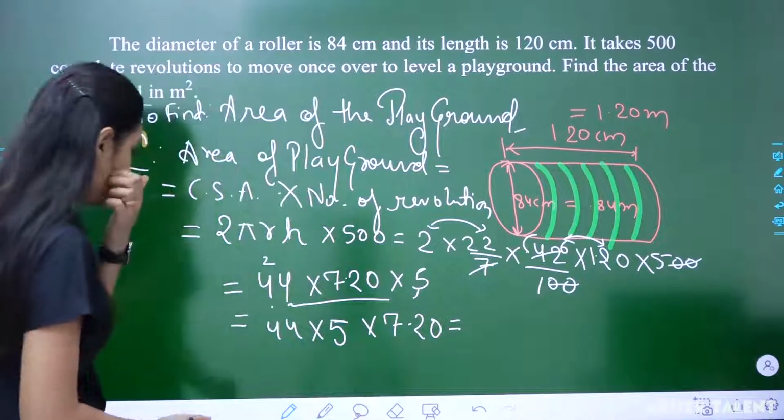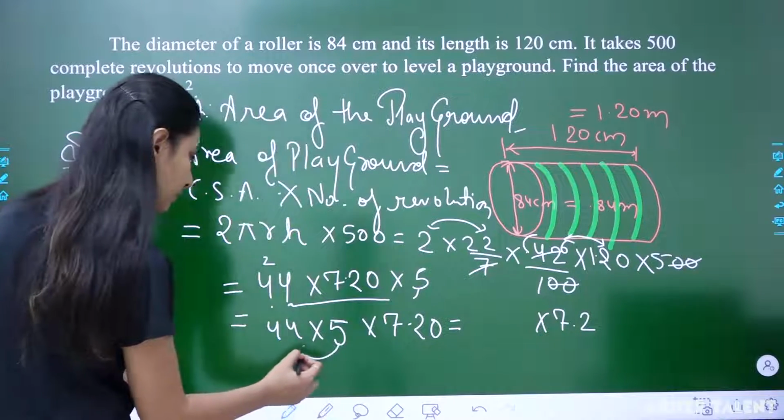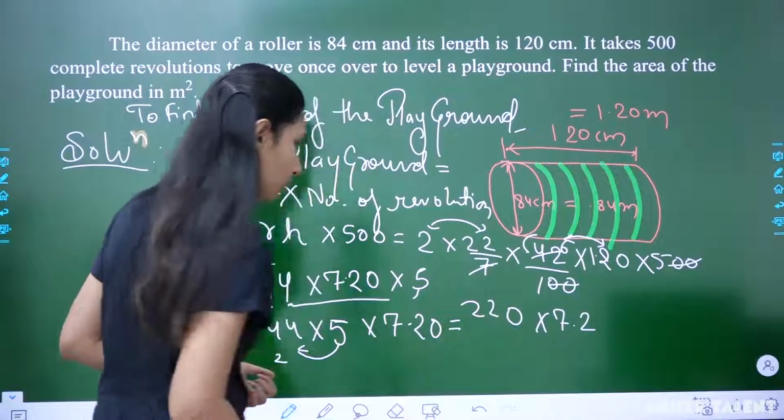This will be 7.2 multiplied by 22, right?